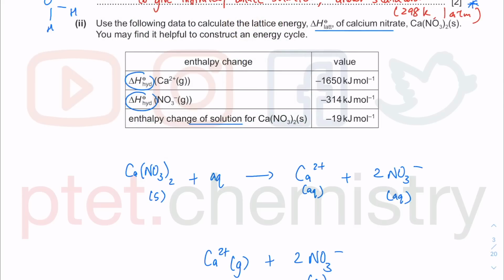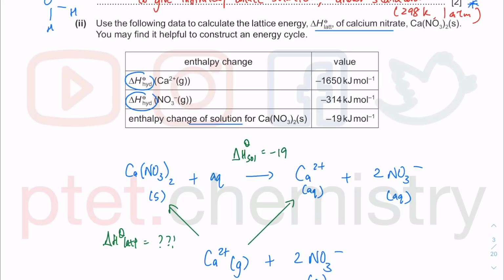So going from the solid to the gas, actually that one is the other way around. Forming 1 mole of the ionic solid from its gaseous ions, that is going to be lattice enthalpy. And this lattice enthalpy is whatever I want to find. This is enthalpy of solution, and this is minus 19 kilojoule per mole.